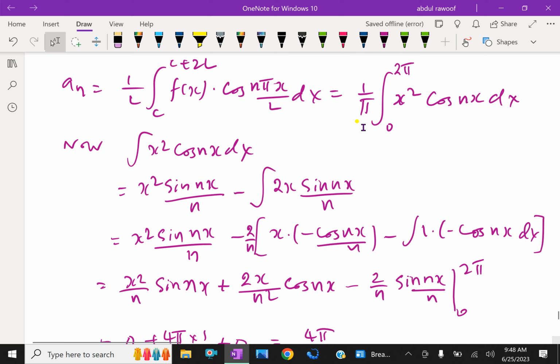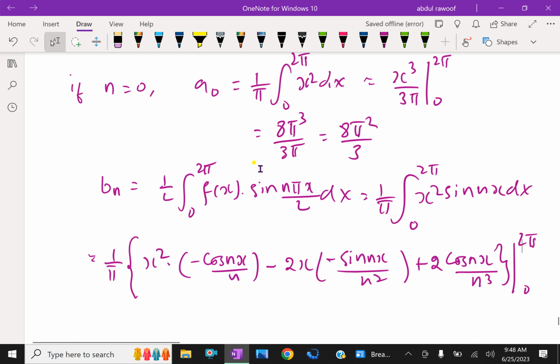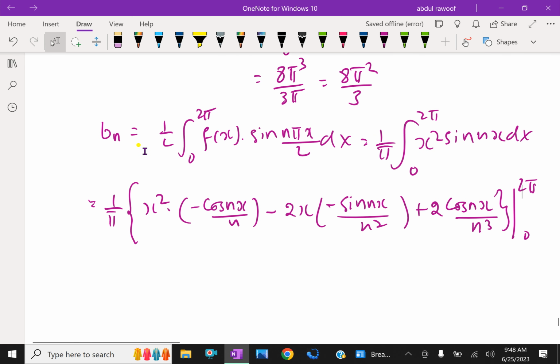Same procedure you have to follow for the constant bn, using integration of x squared sine nx by the uv method. Then we apply the limits of 0 to 2 pi, and we finally get bn is minus 4 pi over n.